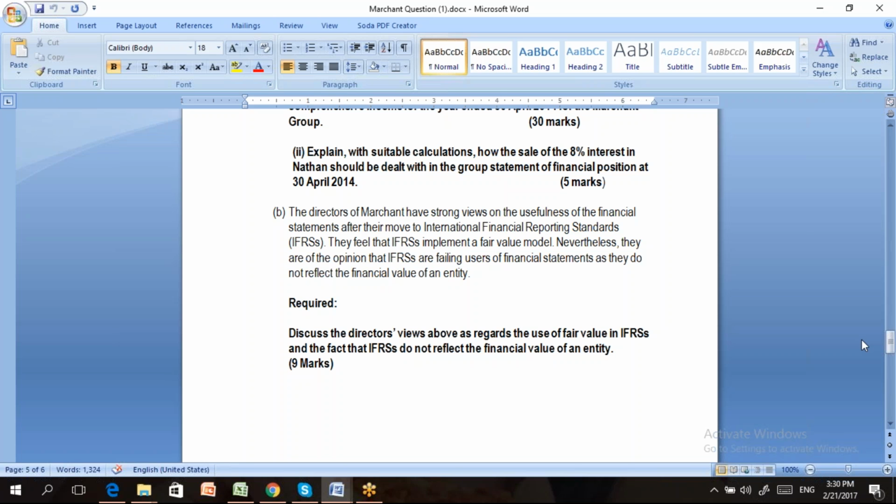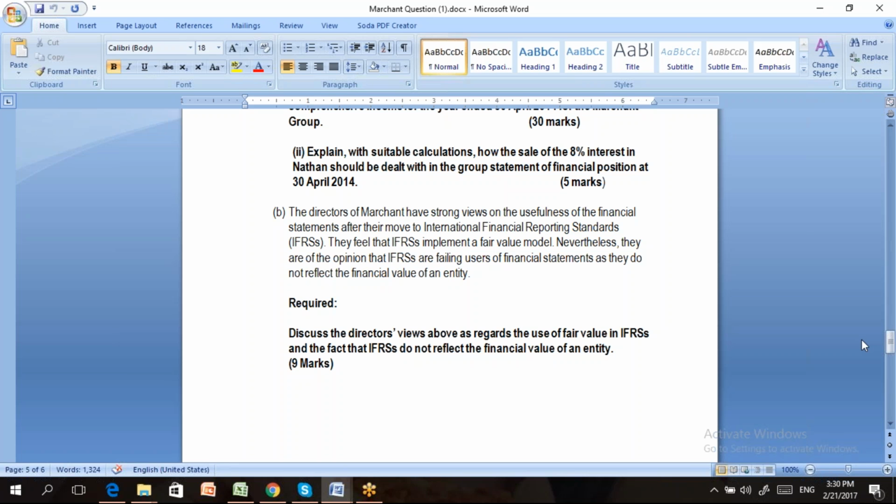They can value most of the assets and liabilities at depreciated or historical cost, except, this is very important, except that at the time of acquisition, all assets and liabilities must be brought under fair value.